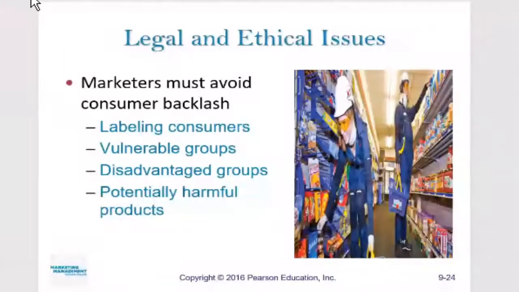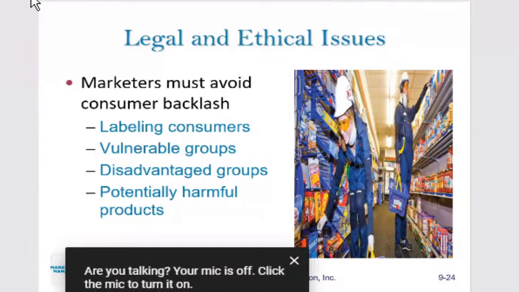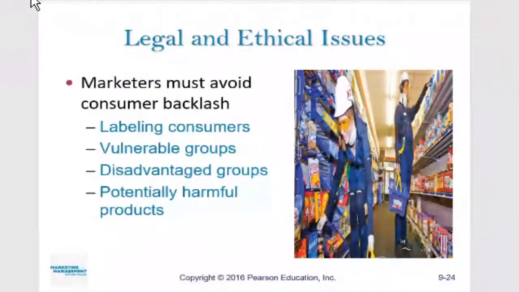So effectively, you should not do branding or segmentation like this, because your segmentation must not label customers or create some sort of vulnerability. Groups become vulnerable, especially children. You have to be very, very careful, because segmentation must not put people into a disadvantaged group or cater to potentially harmful products.